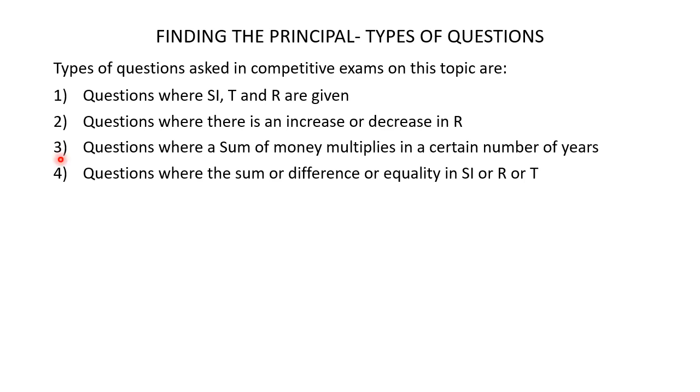Type 3 is questions where a sum of money multiplies in a certain number of years. Type 4 is questions where the sum or difference or equality in simple interest or rate of interest or time is given. Let's solve a few problems on each of these types.